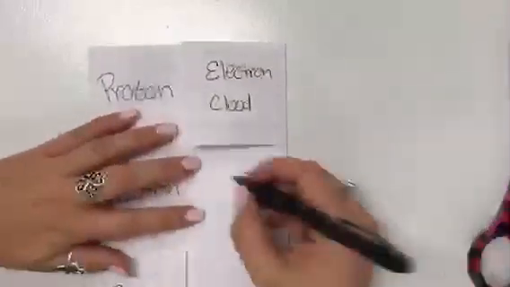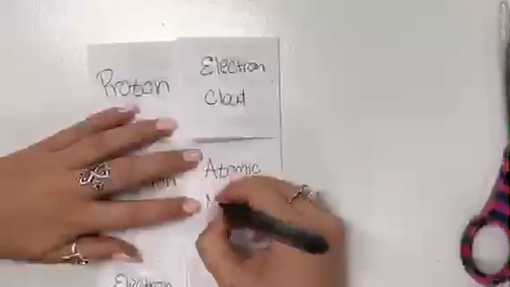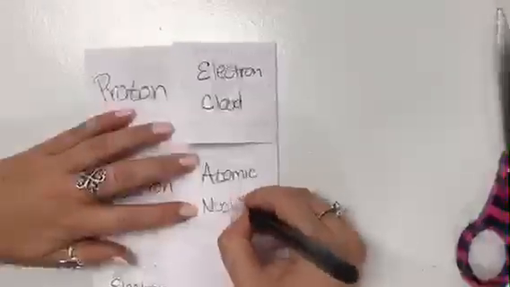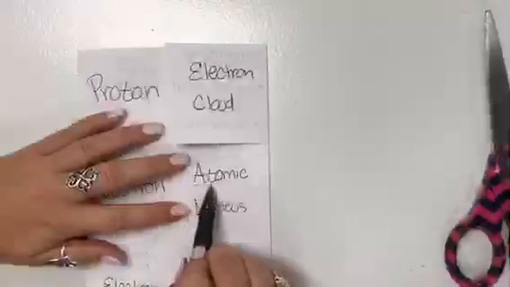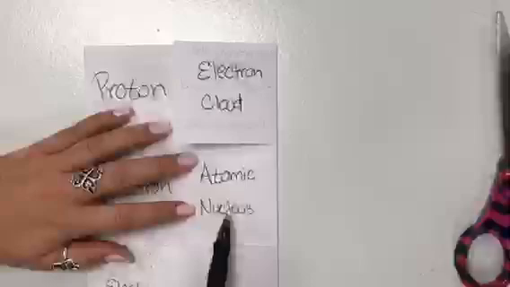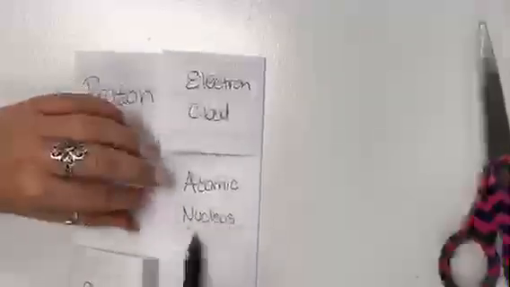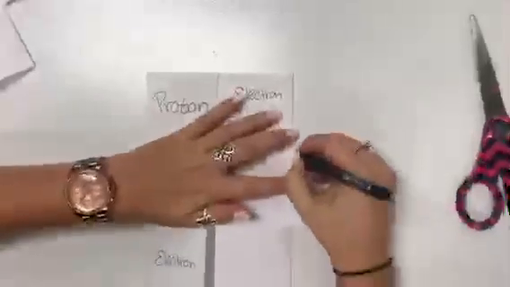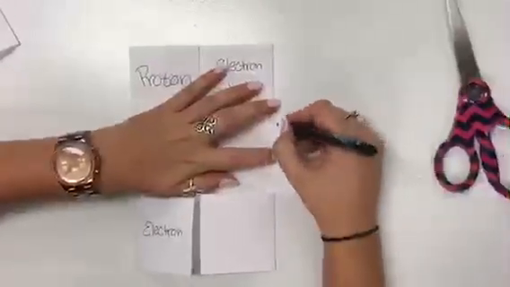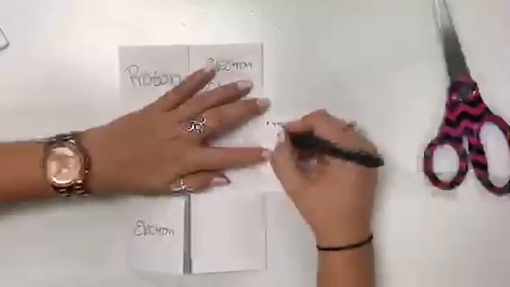Next one. We're going to move down here to the middle on the right. This is the atomic nucleus. Atomic is Atomic, nucleus is Nucleus. Nucleus should sound familiar from last year whenever you learned about cells. So just like the nucleus in a cell, the atomic nucleus is the center of the atom.